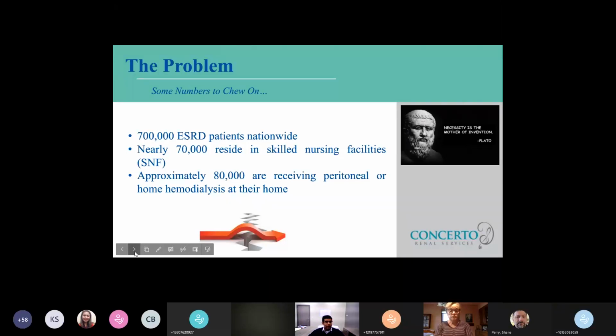The last point is to give an idea about which patients are mostly in the nursing home. There are 700,000 patients. Of the 700,000, 80,000 do dialysis at their respective home, either on their own or with a family member helping them. These patients are not in nursing homes.